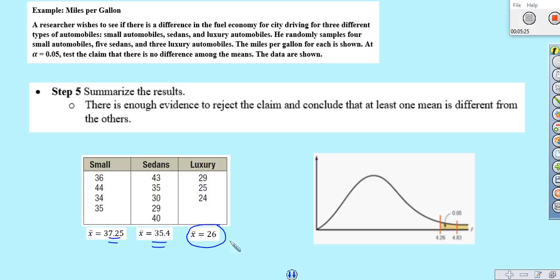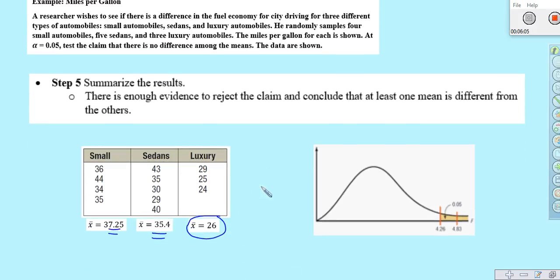Whether it be fast food and calories per meal at different fast food restaurants, whether it be miles per gallon, just any situation where we want to compare lots of values. We're not limited to just two means at a time. We can do this for 3, 4, 5, 6, and so we can really see whether or not we're seeing consistency. And this is once again wrapping up using the one-way analysis of variance to determine whether or not there is a difference amongst the means.